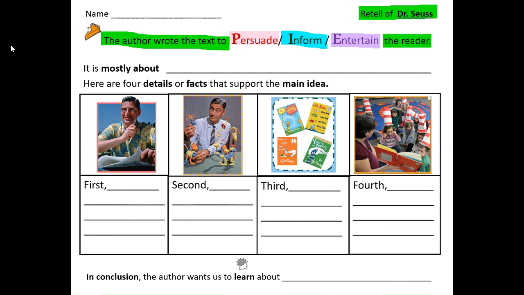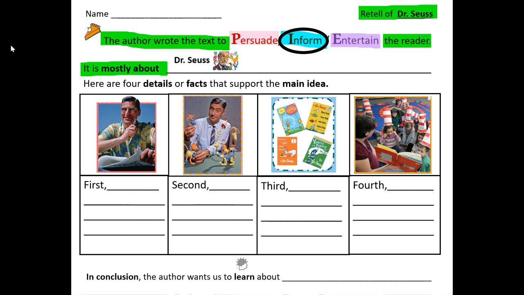So why did the author write Dr. Seuss? Persuade, inform, or entertain? Well, mostly to inform, give you more information about Dr. Seuss. It's a biography. It's mostly about who?